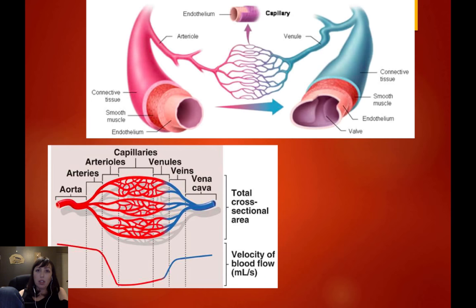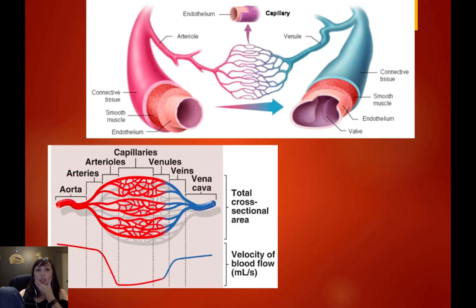Okay, so here you can see the artery in red. This is coming down, branching off into the thinner and smaller arteriole, which then branches even into the smaller capillaries. Okay, moving into the venule and then into the vein.